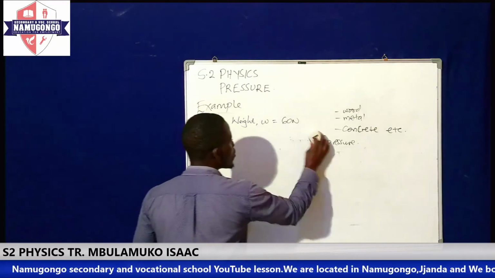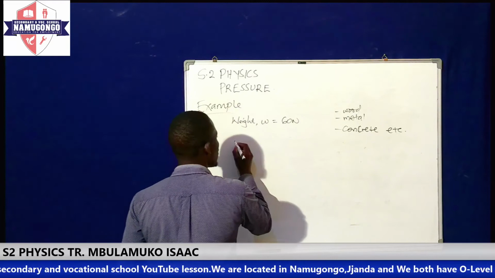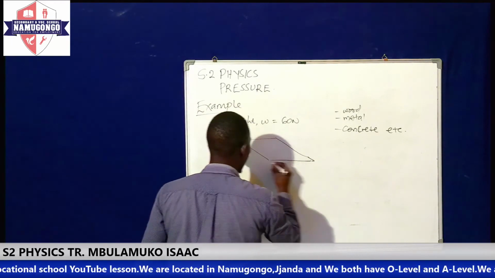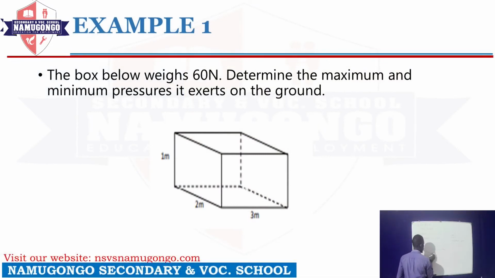Now, we shall first sketch our diagram. We have a cuboid. And we have units of measurement.